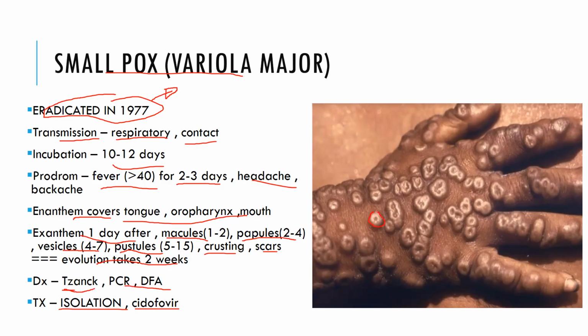This is a papule, but on top of it there's a punctum-like depression. That is what we call umbilicated, looking like the umbilicus or the navel of every individual. That's how they look, and this is the same picture all over the body. We've said that even the mucous membranes can be affected.